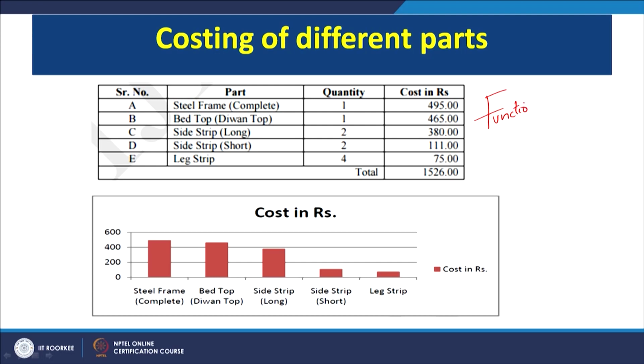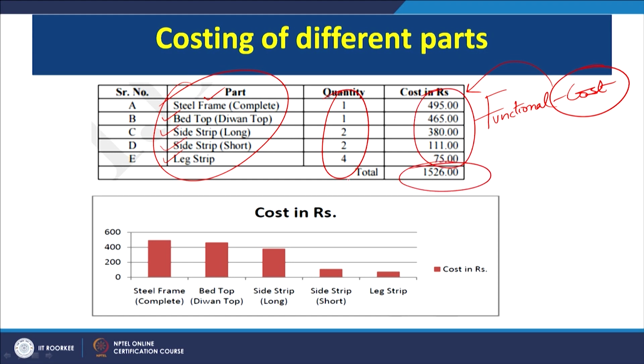Then, we have seen the title of our session is functional cost analysis. Now from here on we have to focus on the cost component also. You can see the cost component here. We have 5 components: steel frame, bed top, side strip long, side strip short, leg strip, and the quantity is given for each one of these, and the costing is given, and the overall cost is mentioned here.